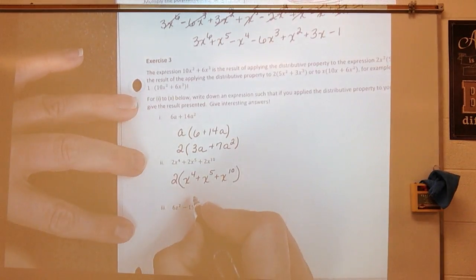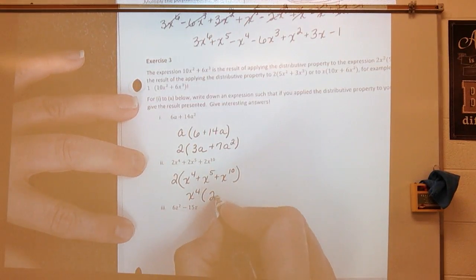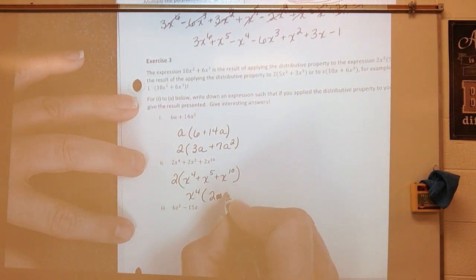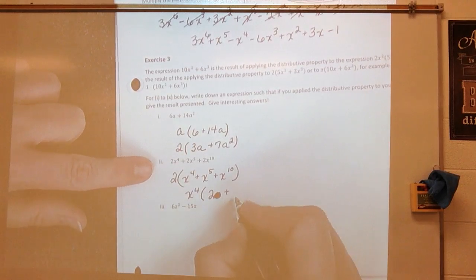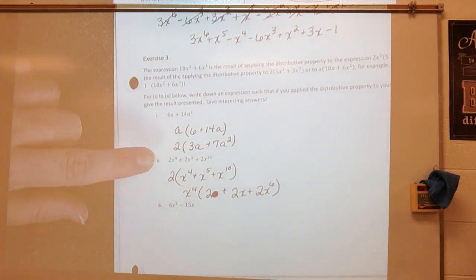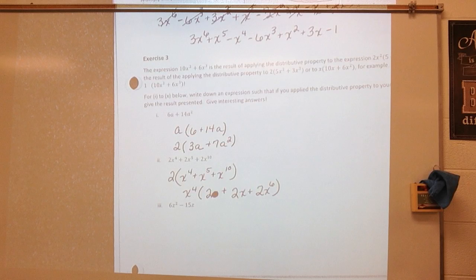I could pull x to the 4th out and get 2. There shouldn't be anything else there. I get 2 plus 2x plus 2x to the 6th. Okay? So just some things that you can do there.